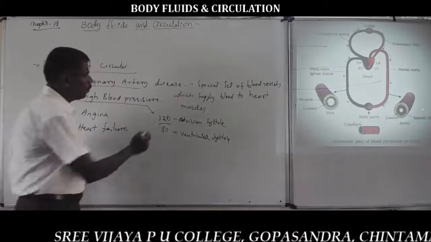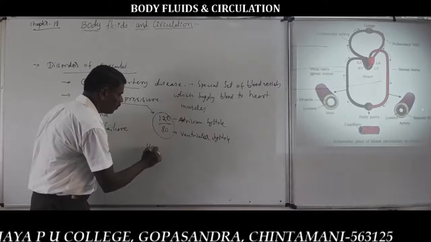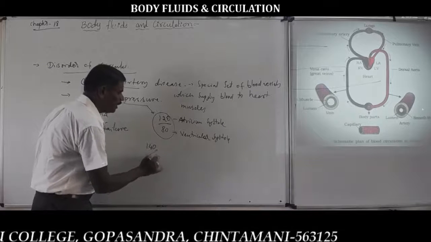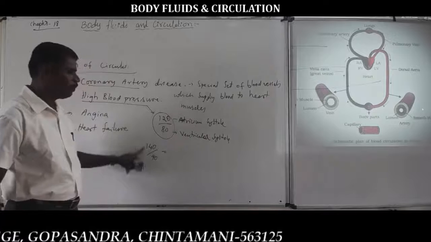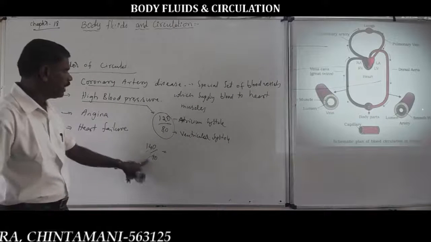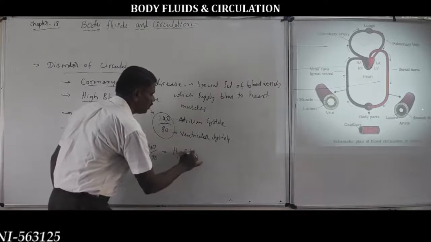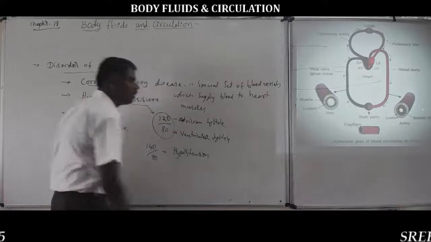Blood pressure more than 140 by 90 is what we call hypertension.